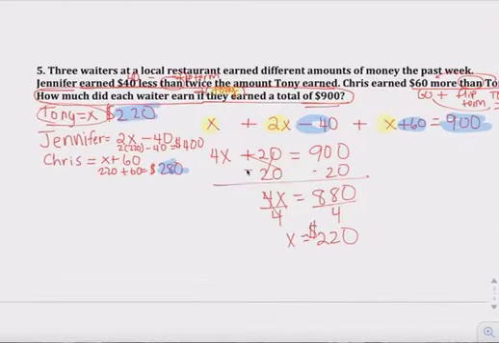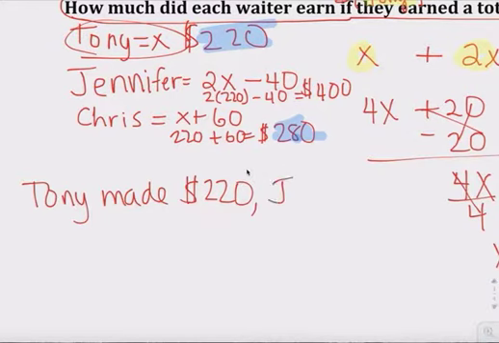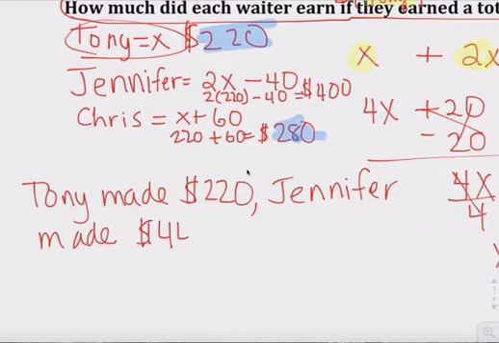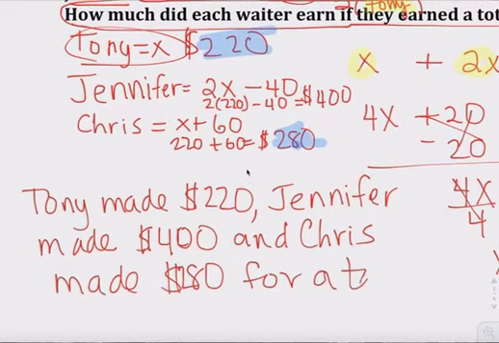So we can say that Tony made $220. Jennifer made $400, and Chris made $280, for a total of $900 altogether.